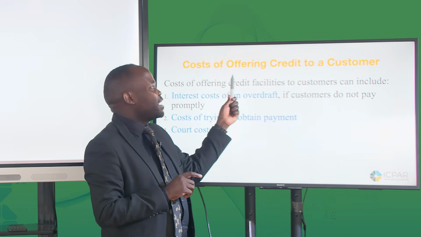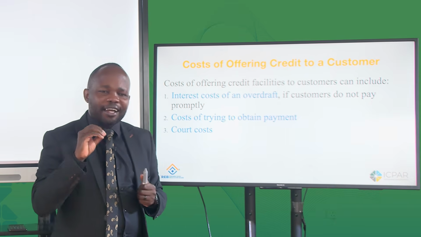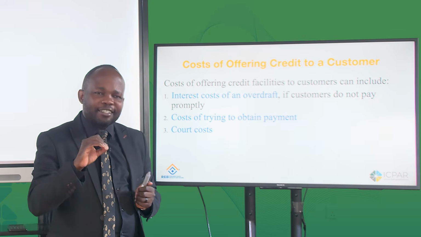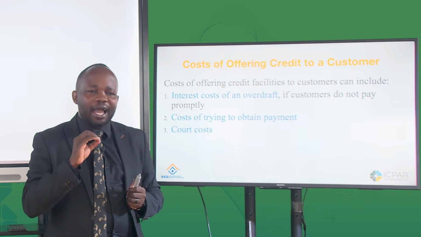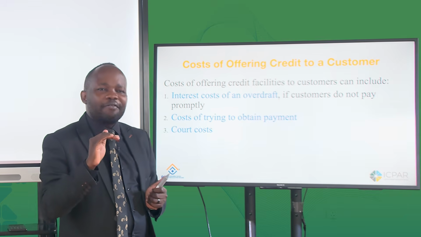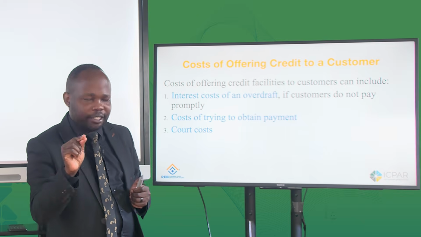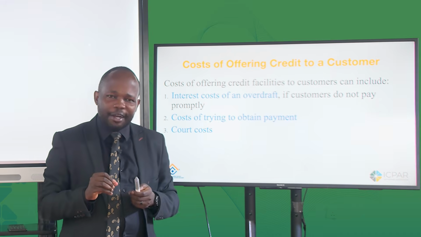Costs of offering credit to a customer. When we offer credit to a customer, in other words, we allow the customer to pay at a future date, maybe after 1 month, 2 months, or even 3 months, there is a cost attached to it. The first cost is the interest cost of an overdraft.